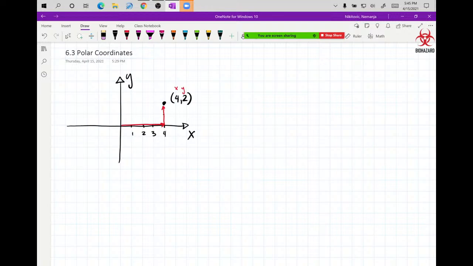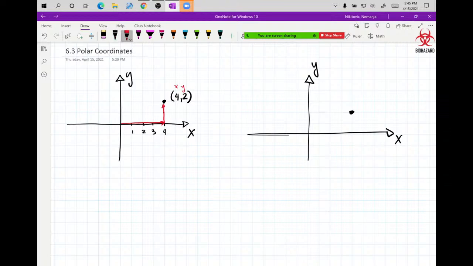Now, what we want to discover in this section is a new way to reach the point. So we don't want to go along the x-axis and then go 90 degrees up or down. Now we want to use a different approach. To reach the same point (4, 2), which is right here, instead of going to 4, I'm going to go a little bit longer past 4, a little bit further away.